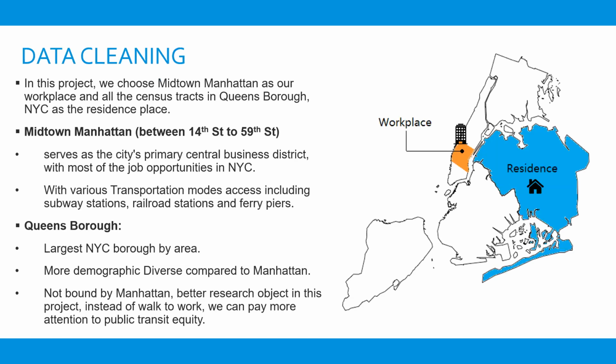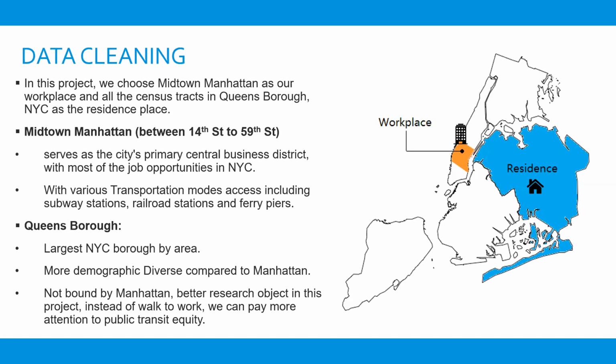So in this project, we choose Midtown Manhattan as our workplace and also census tracts in Queens, New York City as the residence place. Midtown Manhattan, between 14th Street and 59th Street, is kind of like the CBD of the whole New York City, and it can be accessible through multiple transportation modes, not just subway and cars, but also railroad and ferry boat.